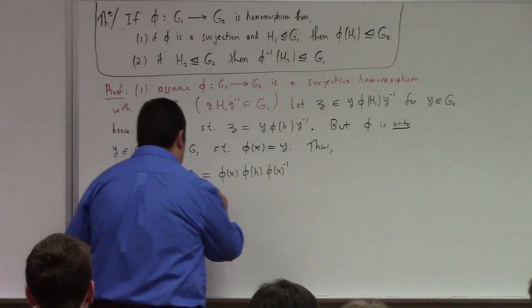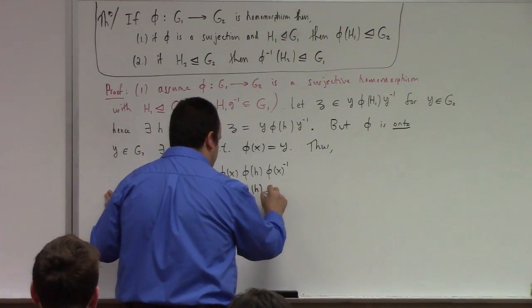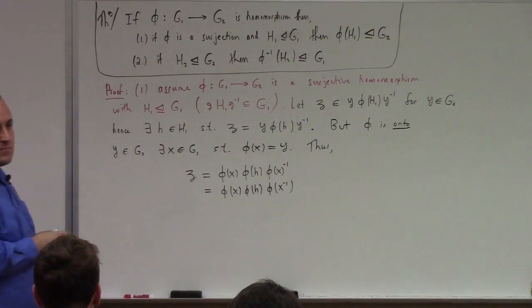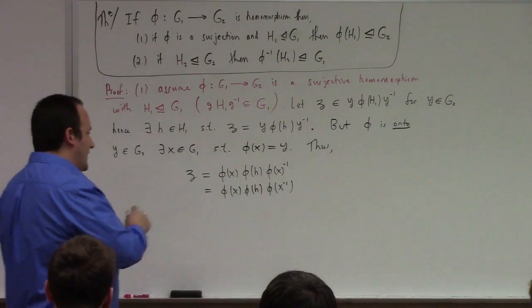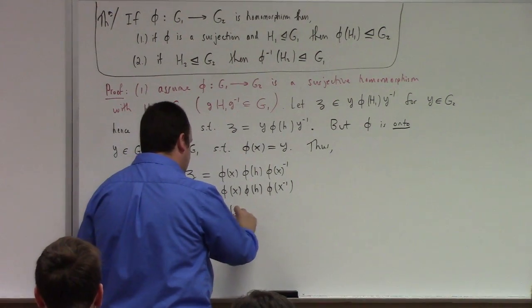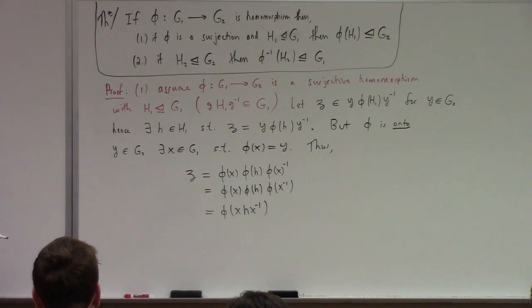It's one of the things we've proved about homomorphisms in a previous lecture, and it's not just a property of isomorphisms. I don't need bijectivity to do that. And then I use the homomorphism property, so this is phi of X H X inverse.